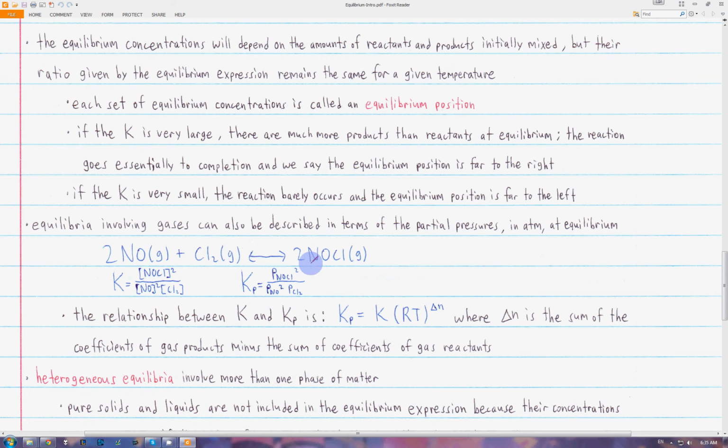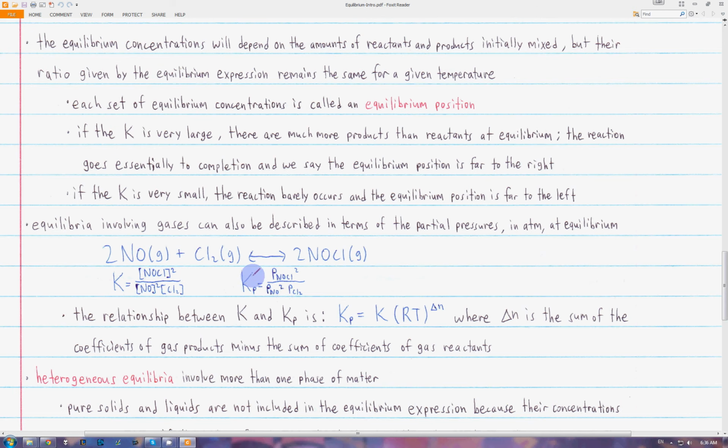So if we have this reaction here, then we can either write the normal equilibrium expression with these concentrations, or we can write another one in terms of the partial pressures. The rules for writing it are the same. The only change is that we use the partial pressure instead of concentration. And so the equilibrium constant, if we write it in terms of pressure, is called Kp.